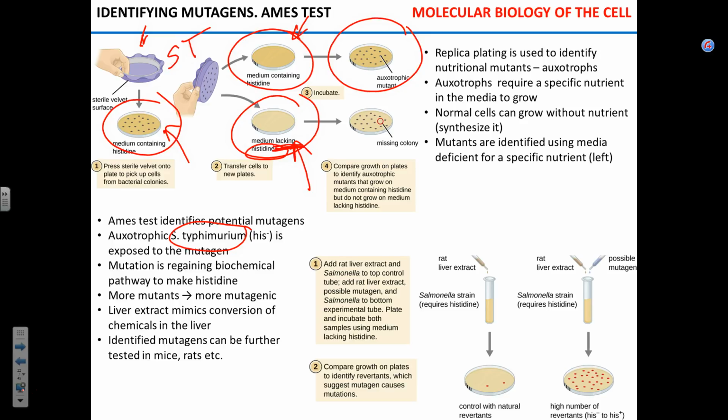All different kinds of Salmonella are going to grow on the histidine-rich medium. But medium that lacks histidine will prevent auxotrophic mutants from growing. Does it make sense? We can now compare the colonies on the histidine-rich and no-histidine medium and identify the one that can grow with histidine but cannot without it.